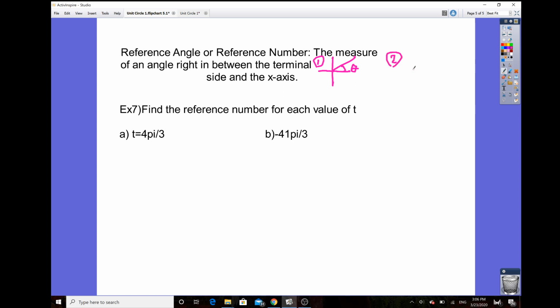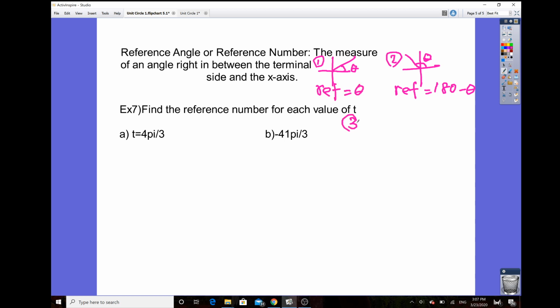But now what if the angle is located in quadrant 2, like this? The way to find the reference angle is 180 minus theta, or pi minus theta, depending on what theta is. Again, this one is theta. Case 1: the reference angle is the same as theta.